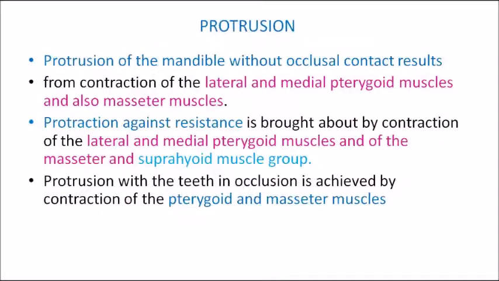So coming to protrusion of the mandible. We have seen retrusion. In retrusion, the major muscle involved was the temporalis. Whereas in protrusion, except for temporalis, all the major muscles of mastication, that is your lateral and medial pterygoid and masseter muscles, are involved. This is similar to what we have seen before.